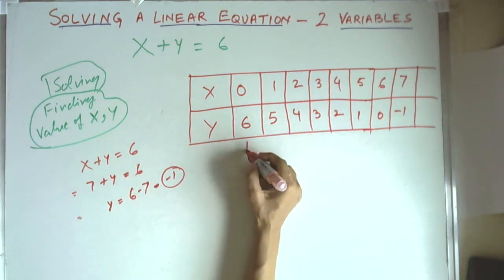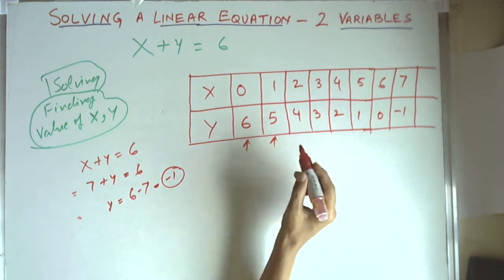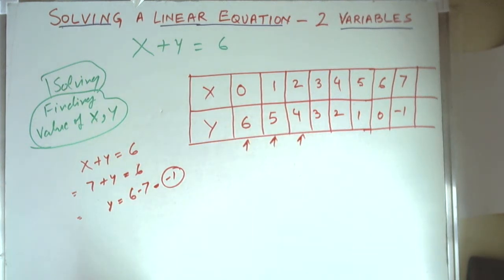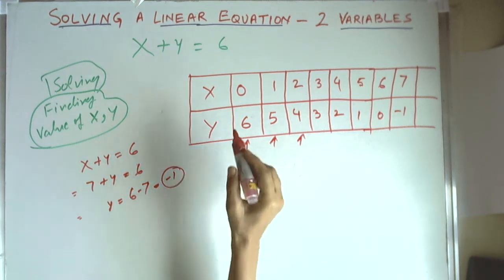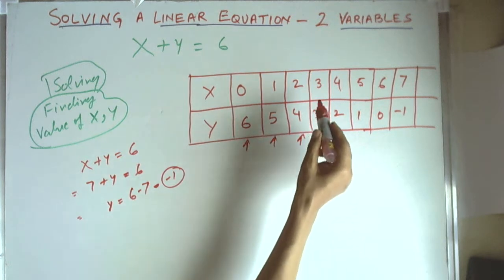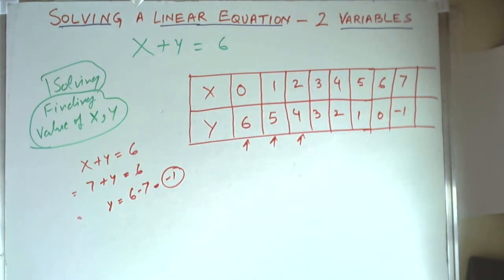So all these combinations are solutions of this linear equation. So (0, 6), (1, 5), (2, 4), (3, 3), they are all solutions.